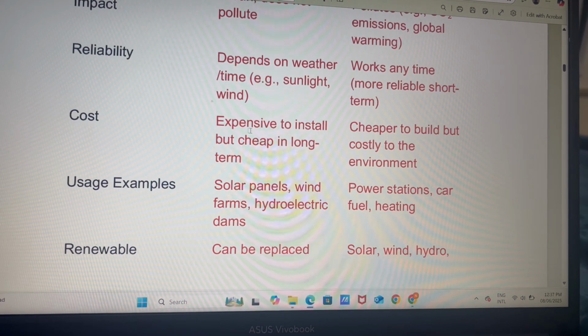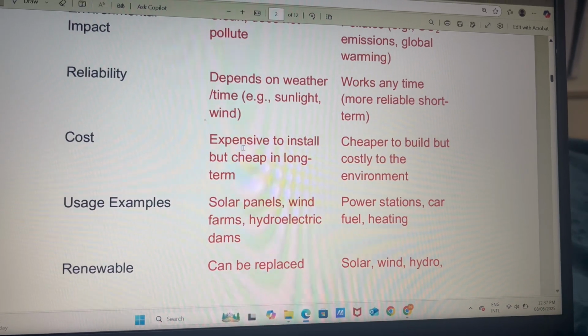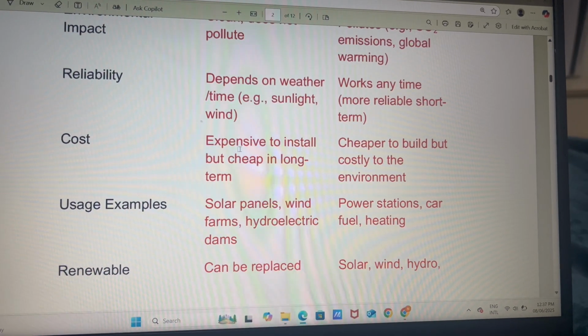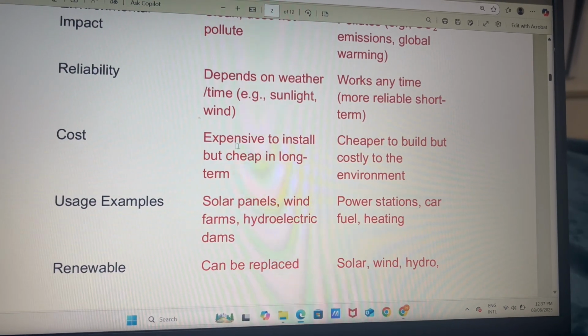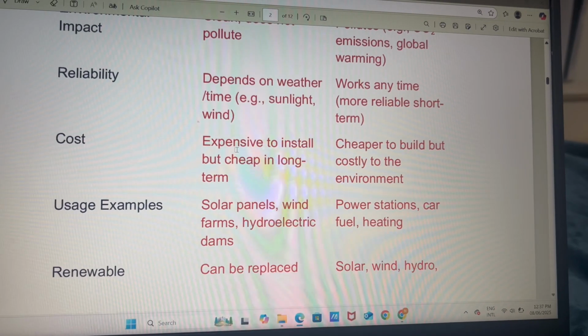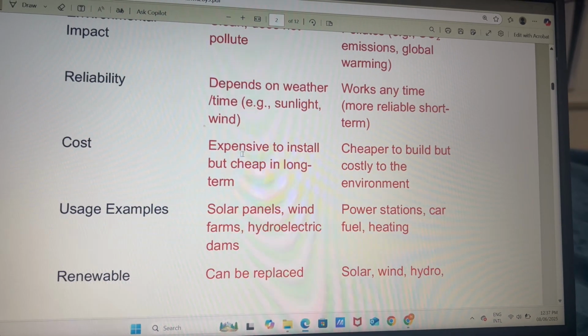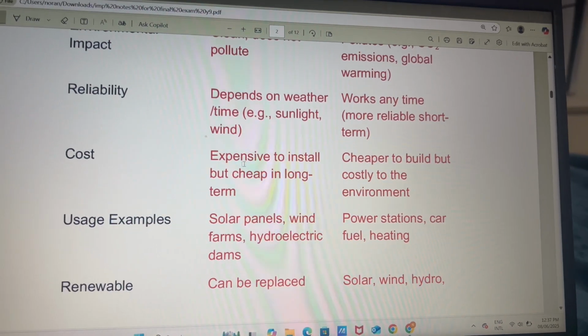For the renewable ones, they have an expensive initial cost. To get them from the beginning, they are expensive, but later on they're going to save money for you. You don't have to keep paying for electricity and water every month.